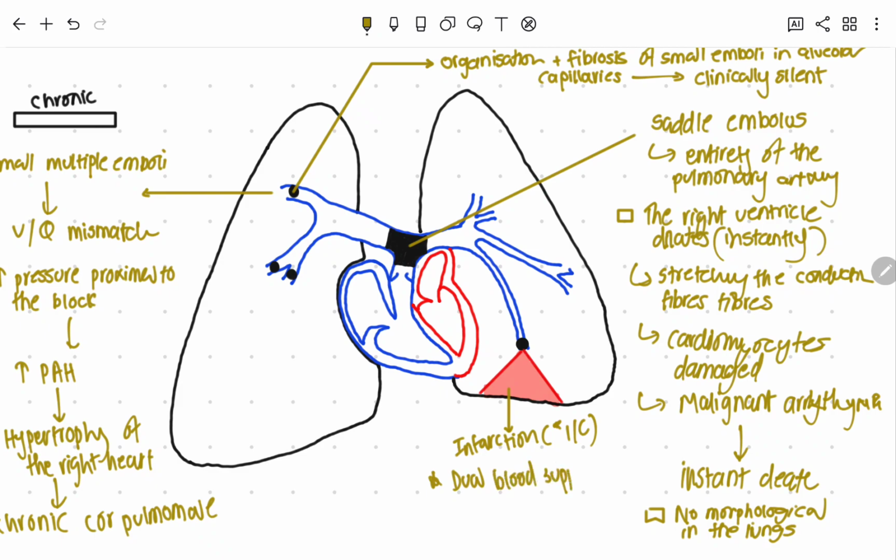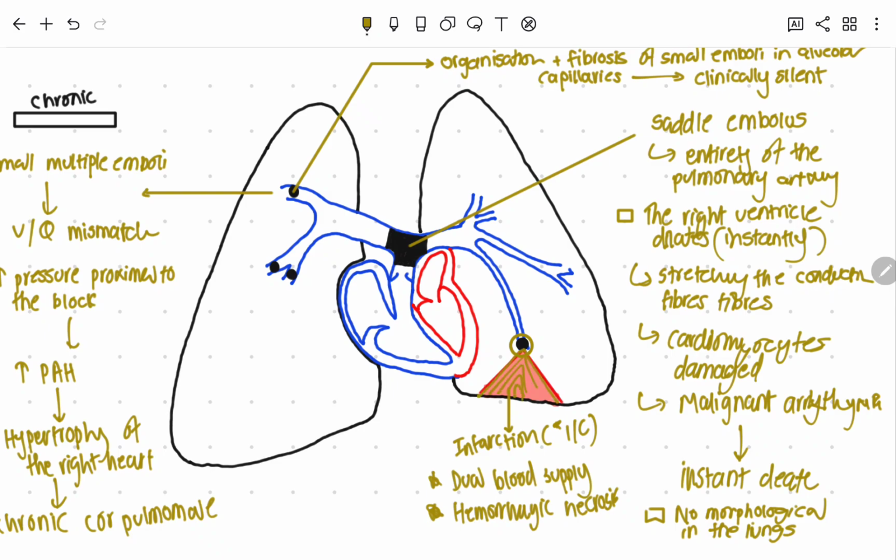And because of that, you'd imagine, if I have an embolus and there is no blood flow distal to it, ischemic necrosis will occur, right? But because the lungs have a dual blood supply, the type of necrosis that occurs is a hemorrhagic necrosis. And so as far as morphology goes, you will have a wedge-shaped infarct.